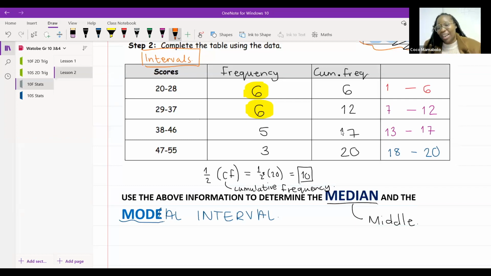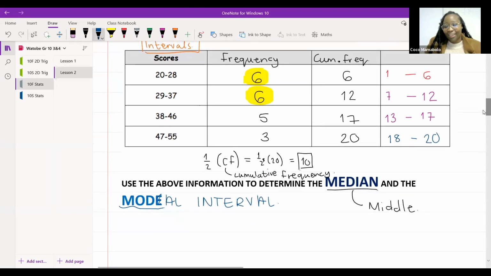You can put your hand up and tell me the modal intervals at least. All right, excellent. 20 to 28 and which other one? Because you are allowed to have more than one mode. Good, that's it. 29 to 37. Okay, no worries, I have many more questions that we're going to look at.